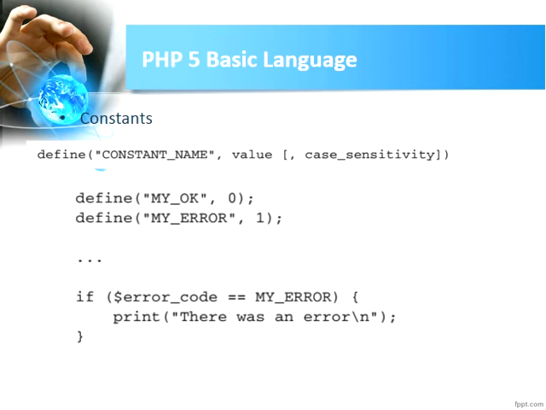So we can also define constant names in HTML and PHP. We can use print or echo. Print and echo can be used to display a value in PHP.